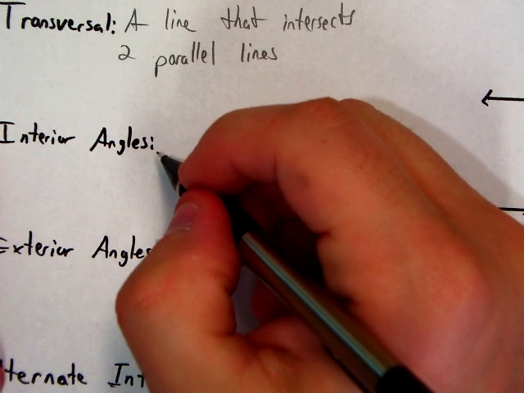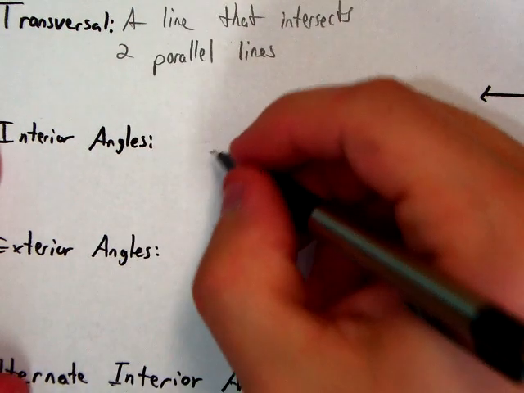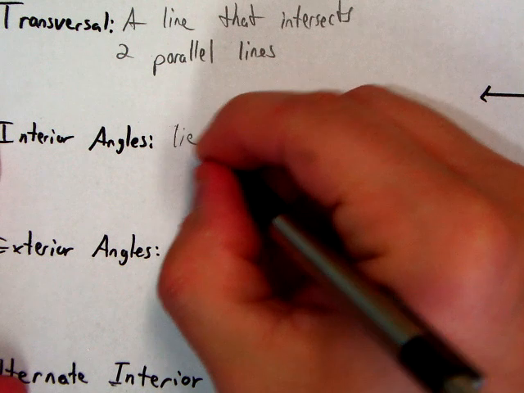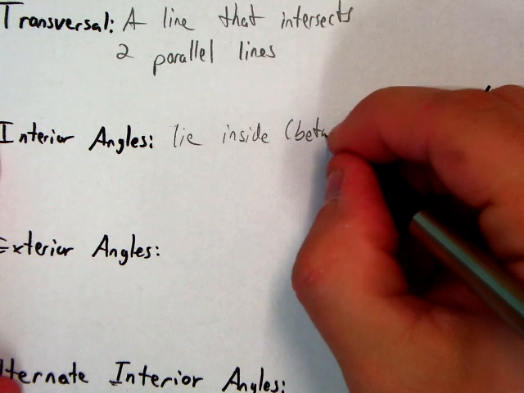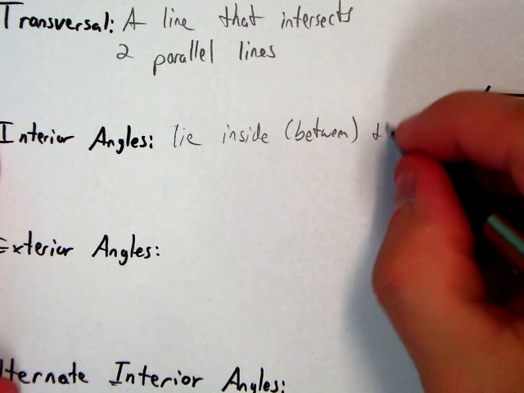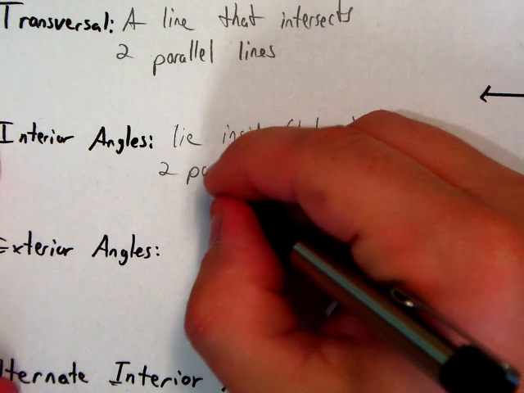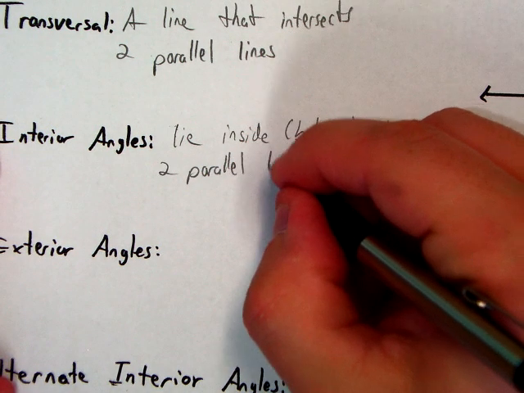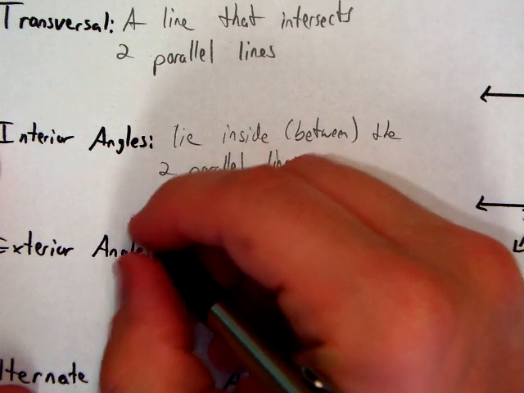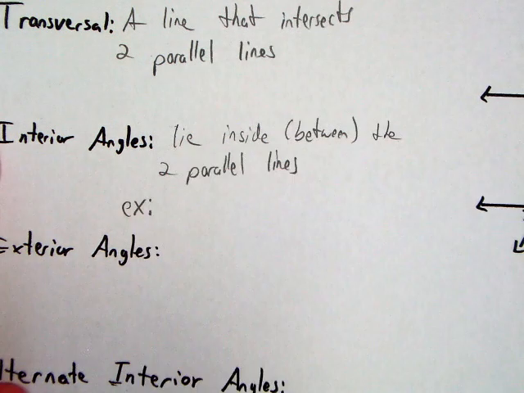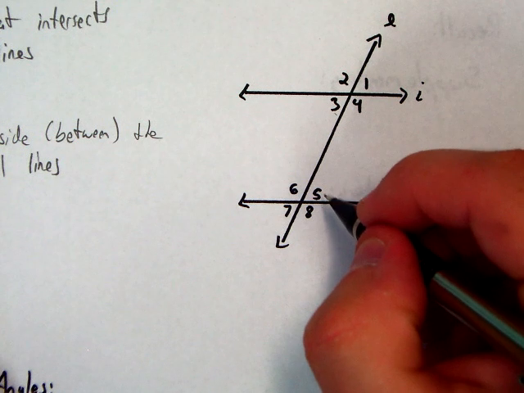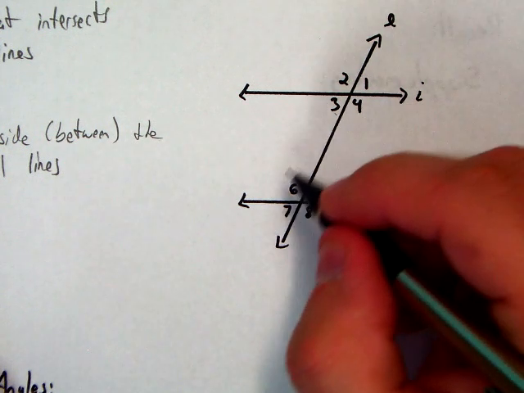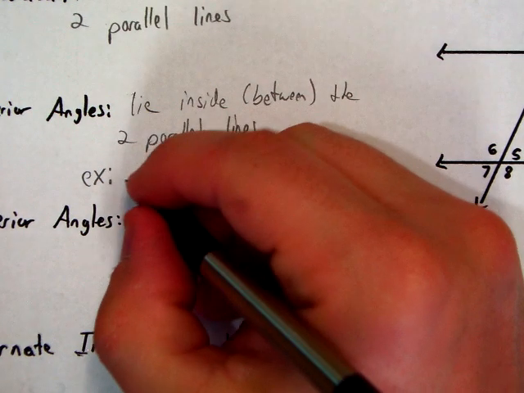So, interior angles are angles that lie inside or between the two parallel lines. Examples would be 3, 4, 5, and 6 because they appear between the two parallel lines.